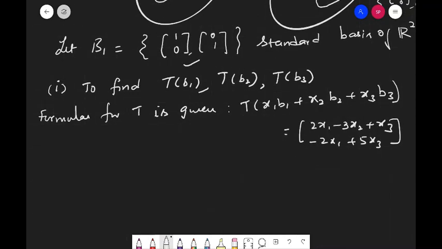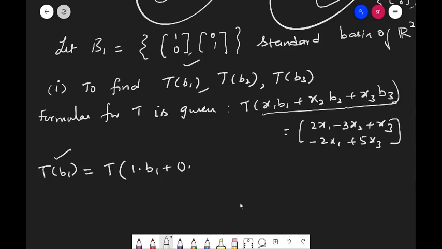Now we have to find out T of b1. To find this, first of all, b1 should be in the form of x1 b1 plus x2 b2 plus x3 b3. So I can write this as T of 1 into b1 plus 0 into b2 plus 0 into b3. Why?